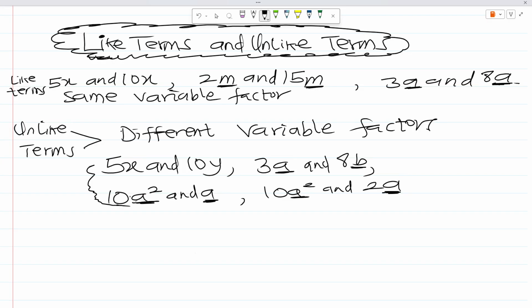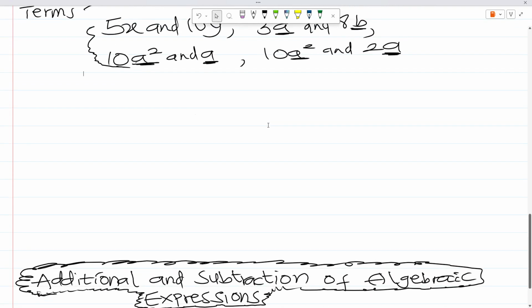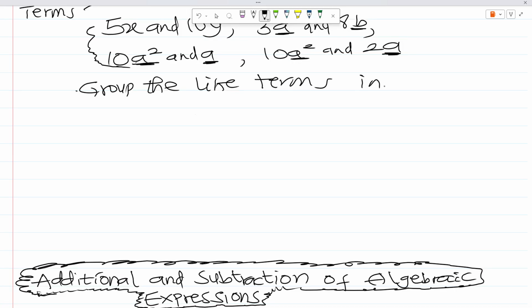So now let's take some worked examples. This is a small example that you are supposed to do. We should group the like terms in the following.